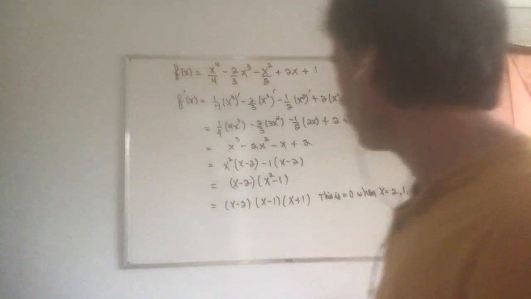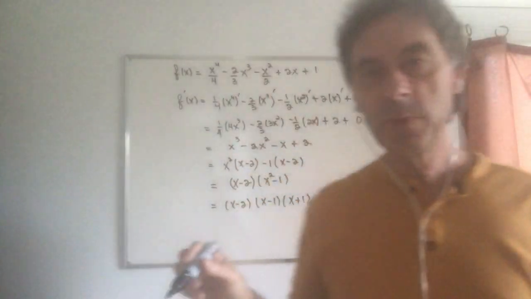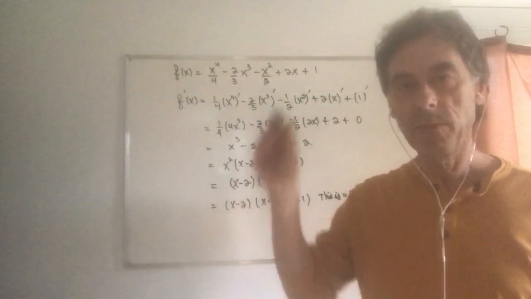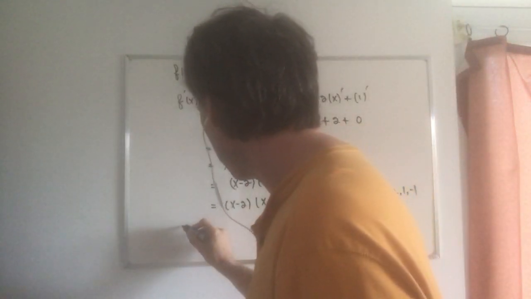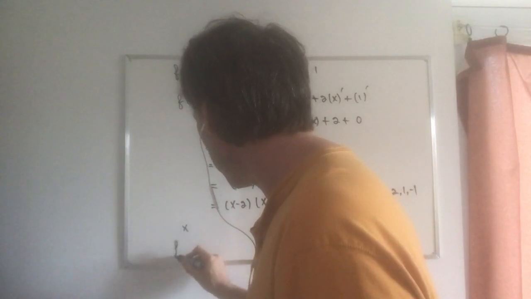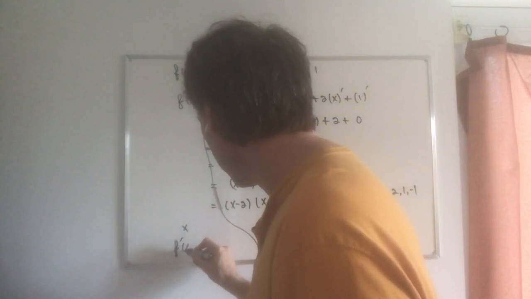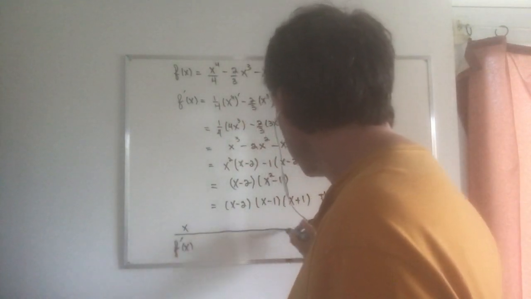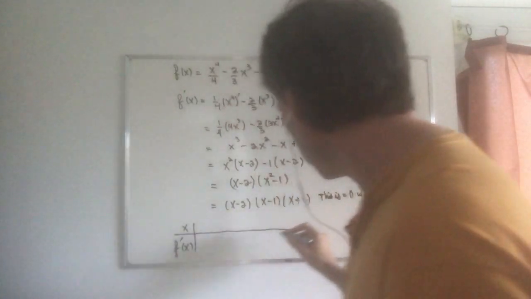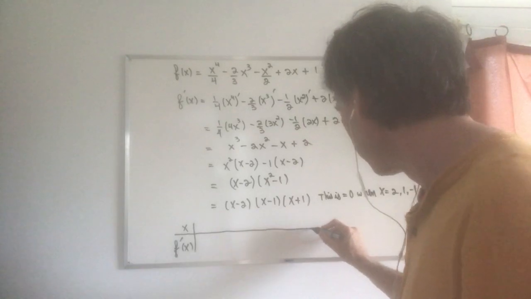Why does that matter? Because I want to show you something pretty cool. Remember that little table we did in the previous whiteboard, where we actually had x and f of x? Let me do a similar one, but for x and f prime. I think I need a little more space than that.